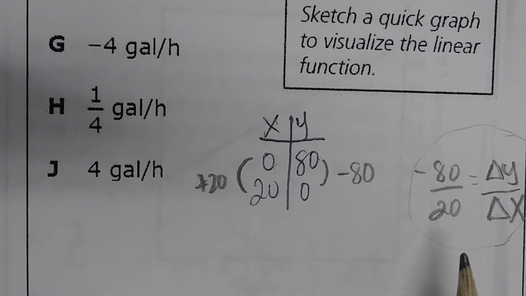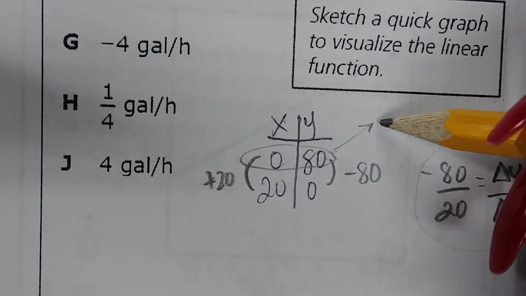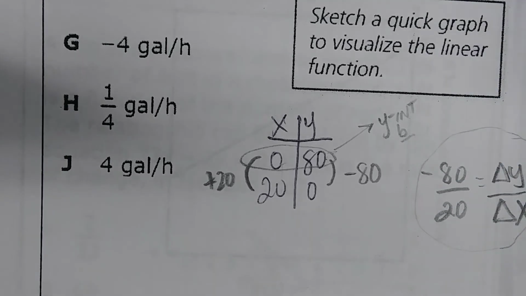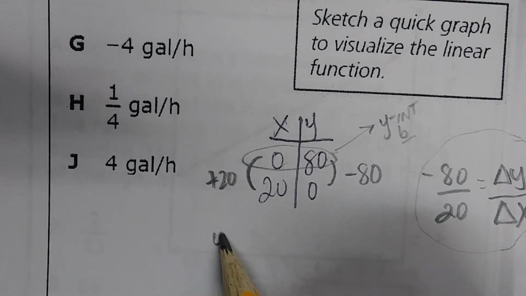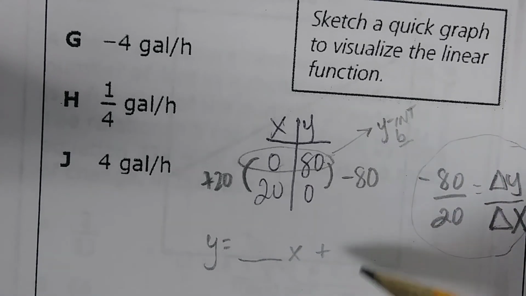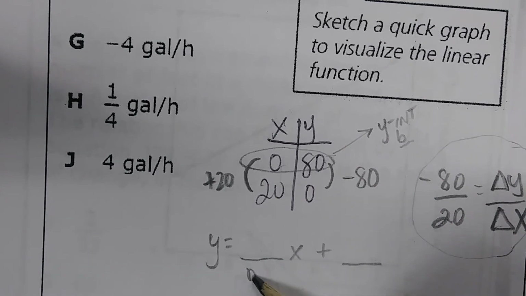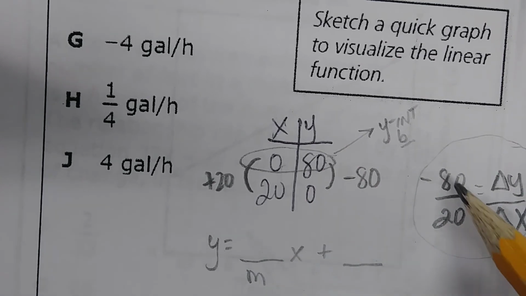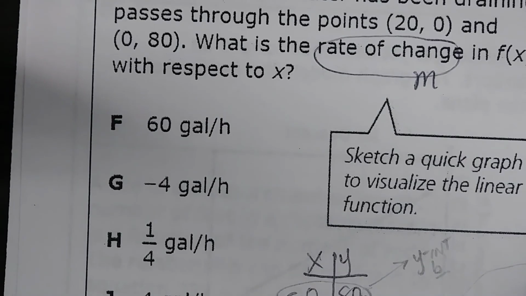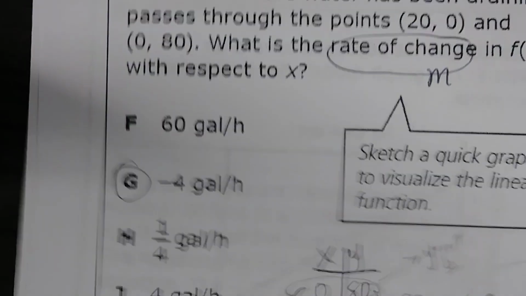But then you could also write the equation of the line if the y-intercept is given. Let's plug in the m, which reduces to be -4. So the answer to this question is G.